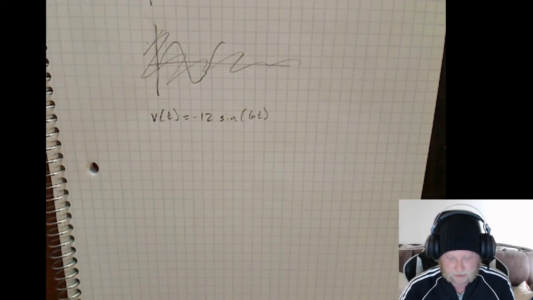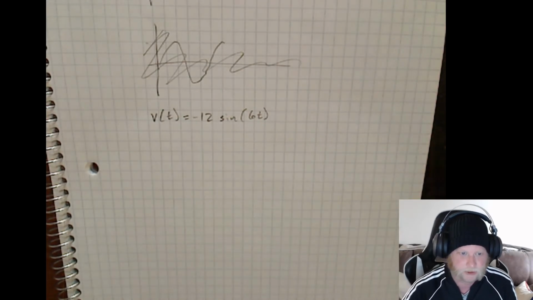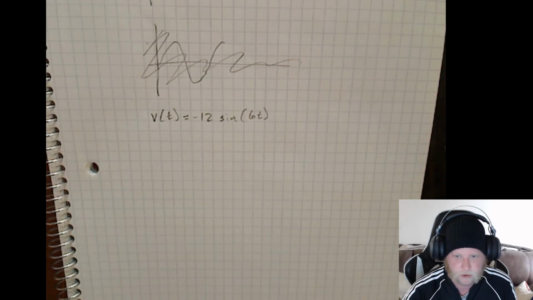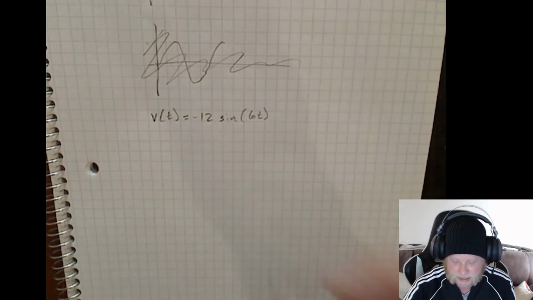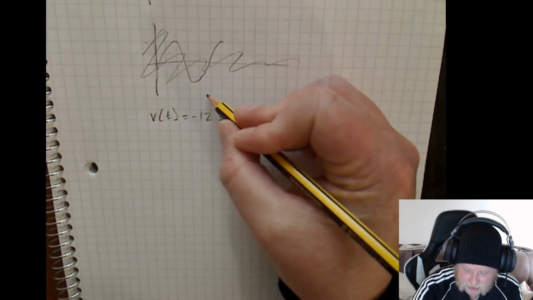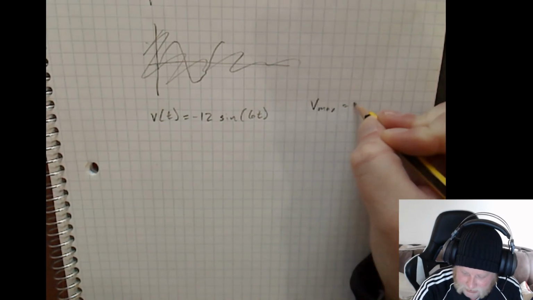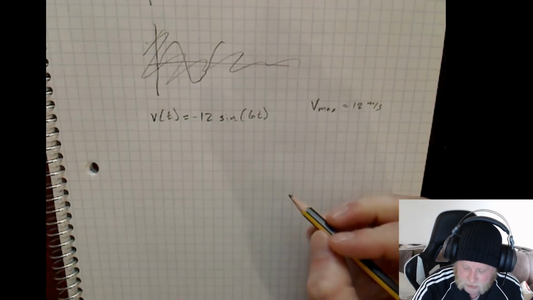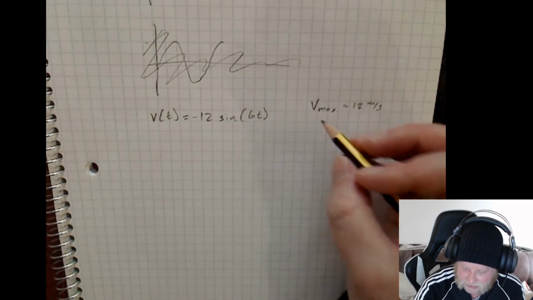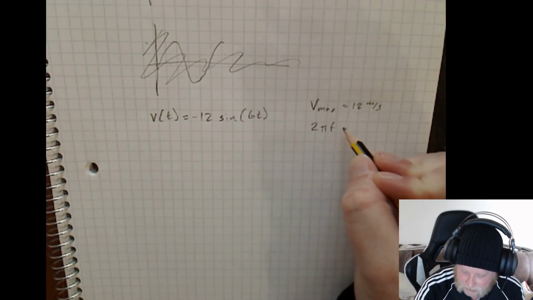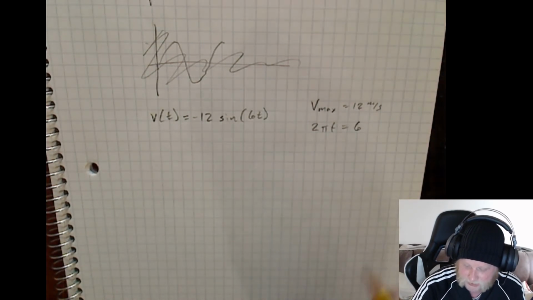Well, first off, we know that this negative 12 is your negative Vmax. So if we're looking at this, we know that Vmax is 12. Now we also know that 2 pi f is equal to 6.